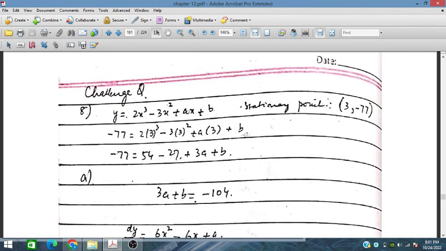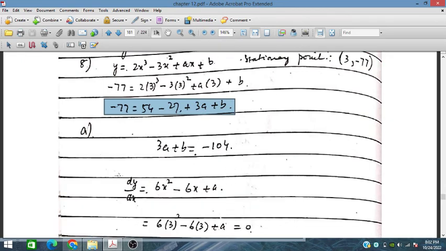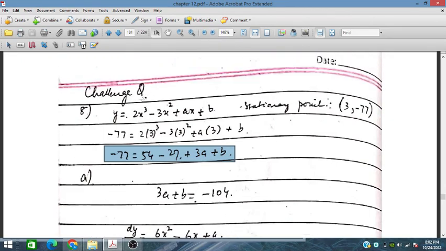So the stationary point is given. We place this value in this curve to get one equation, and then take out the differential. So 3a plus b is equal to, on simplification, this value, and take out the first derivative of this one.